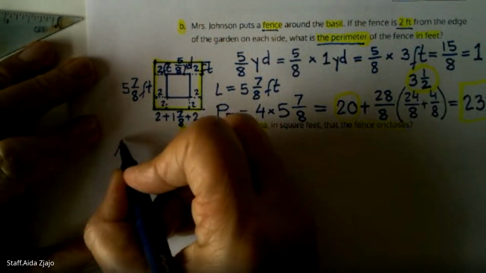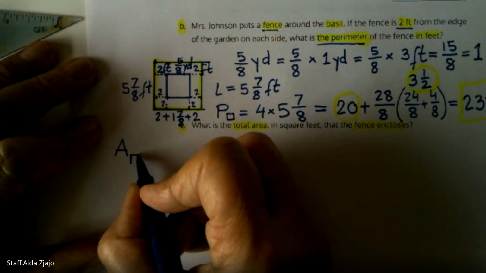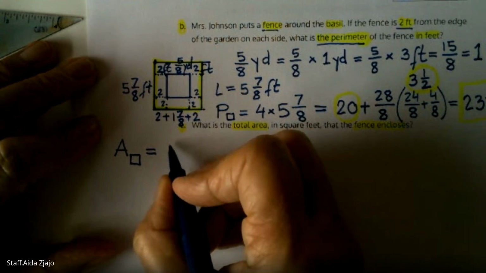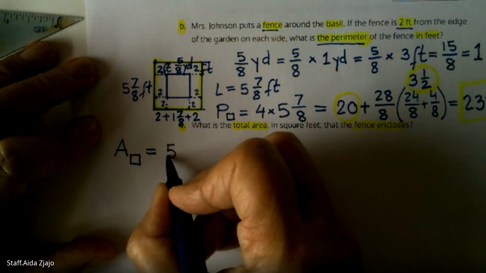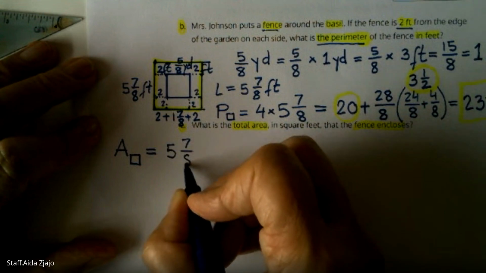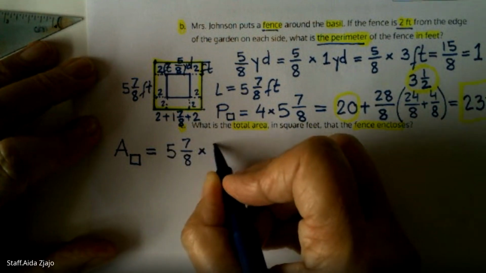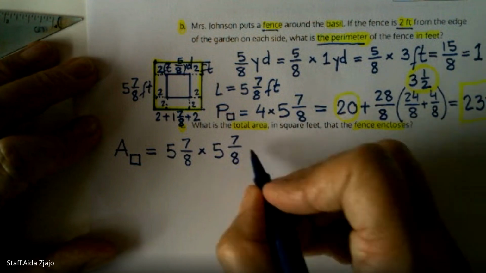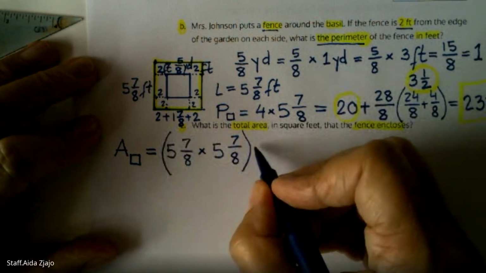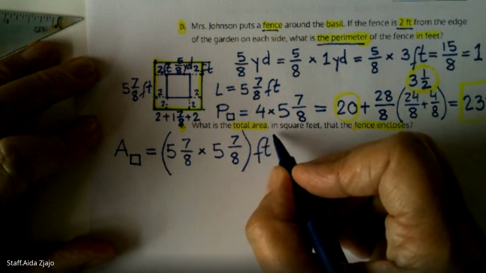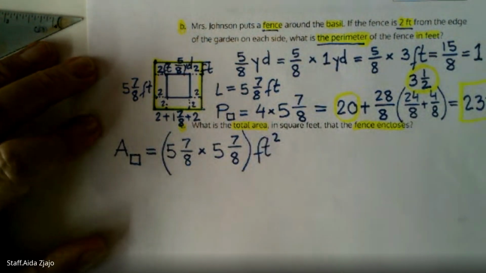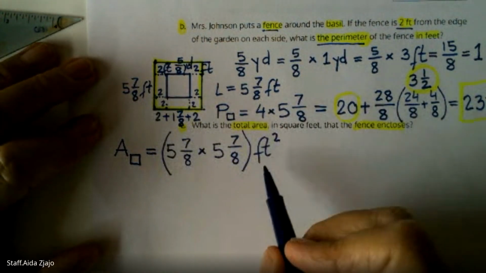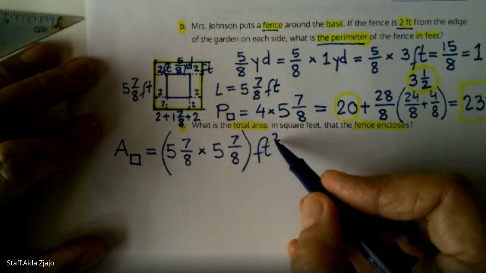So the area of that square is 5 7/8 times 5 7/8, and the unit is feet squared, because foot times foot equals a square foot.